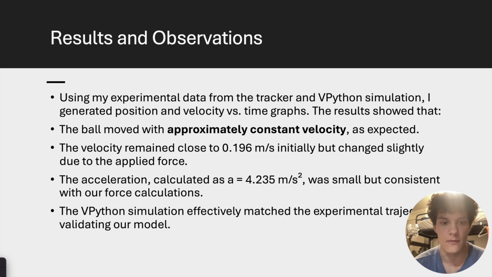The velocity remained close to 0.196 meters per second initially, but changed slightly due to the applied force. The acceleration, calculated as 4.235 meters per second squared, was small, but consistent with our force calculations. The VPython simulation effectively matched the experimental trajectory, validating our model.